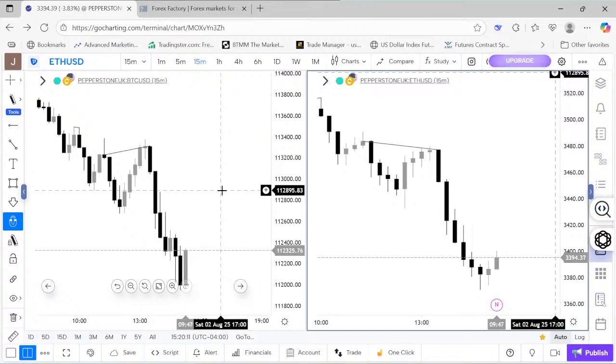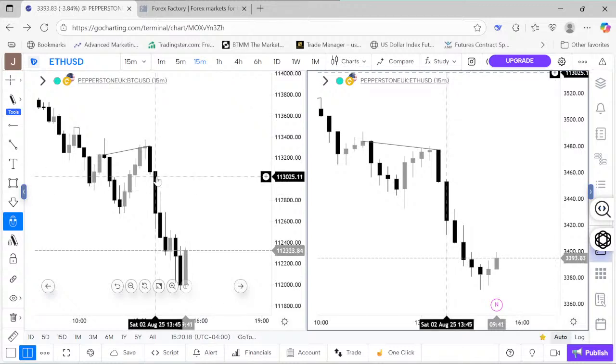I'm testing this charting software as well for charting. I'm actually liking it because it's similar to TradingView.